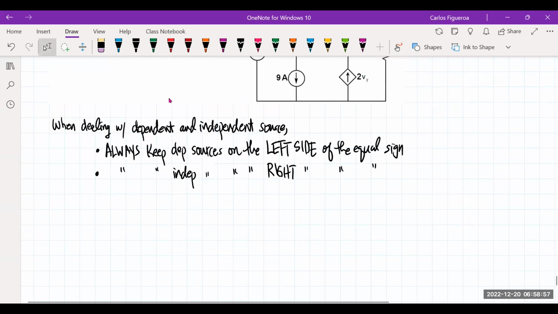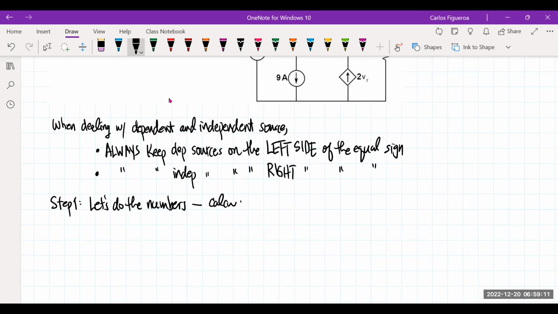So let's go through the process. Let's do the numbers. In this case, we want to calculate Ix and Vc.